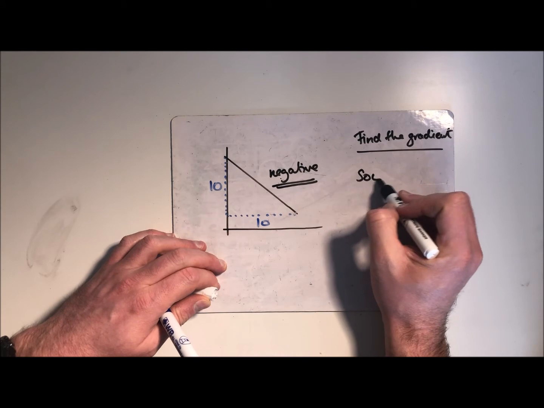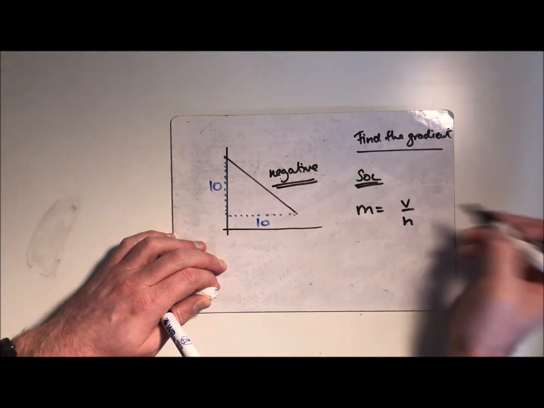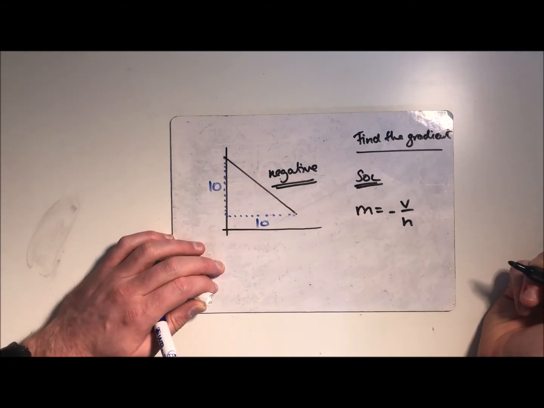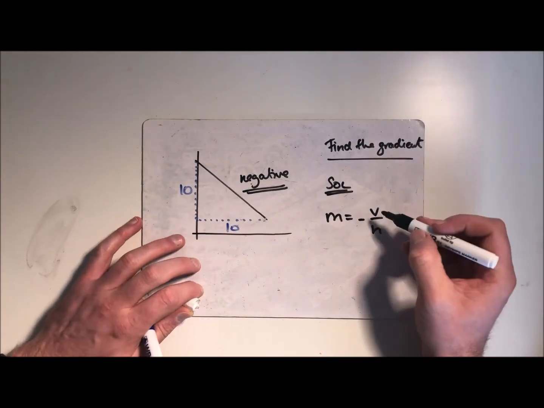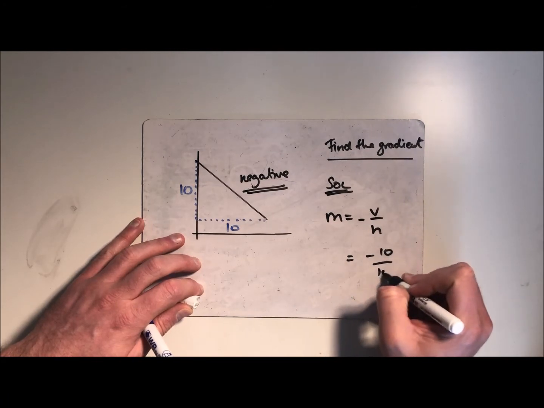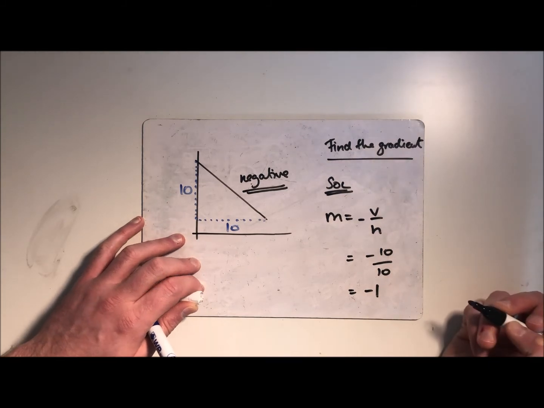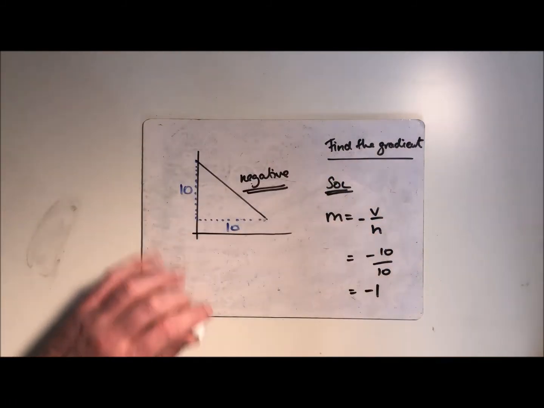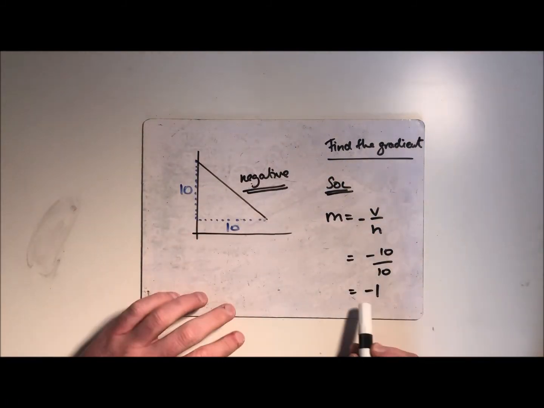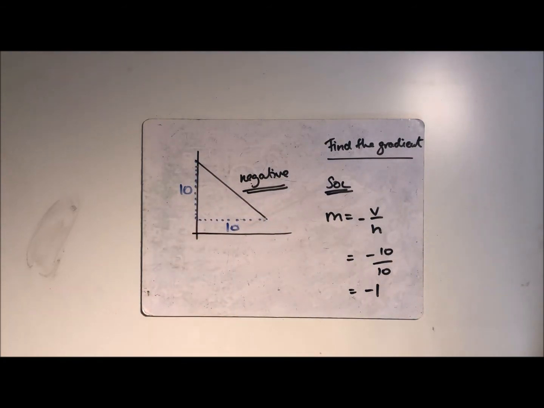Your solution for this one would be the same as last time, so m equals v over h, but this time round you would include a negative, because you can see that the line is sloping down the way. If you do exactly the same calculation, negative 10 over 10, and 10 divided by 10 is 1, so the answer to that would be negative 1. And it's just a sloping line going down the way. But this time round you're telling us that it's negative because you've calculated the gradient to be negative.